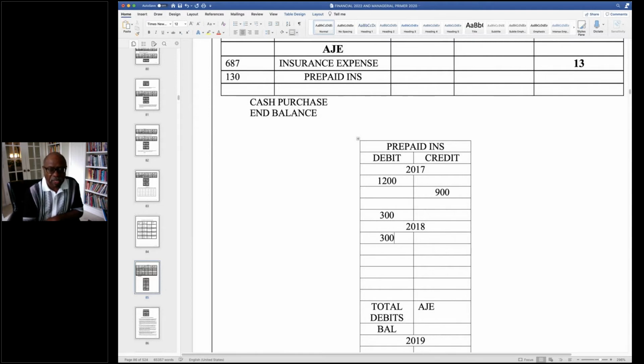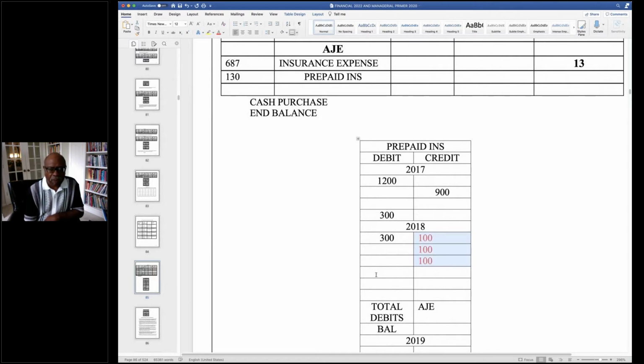Okay. So I'll put it over here on the credit side now. In January, February, and March, those 3 months, you're paying 100 each.